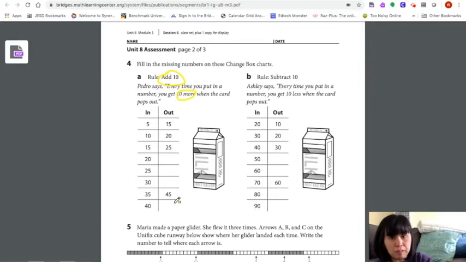Okay. Now B says the rule is subtract 10. Ashley says every time you put in a number, you get 10 less when the card pops out. So one more time. The rule is subtract 10. So I'm going to circle that.